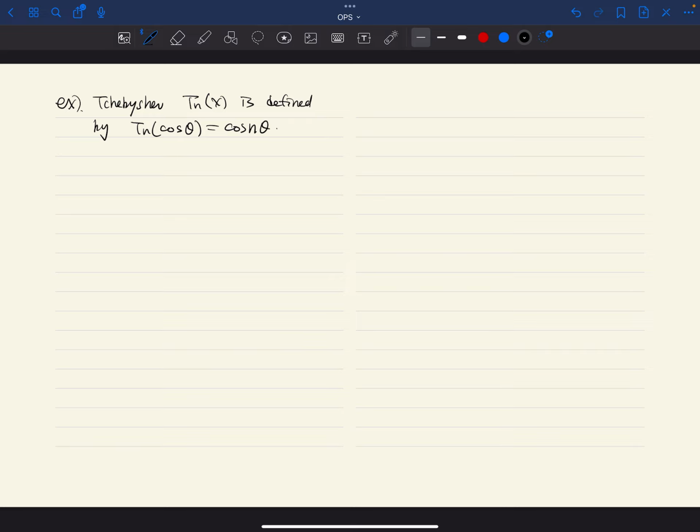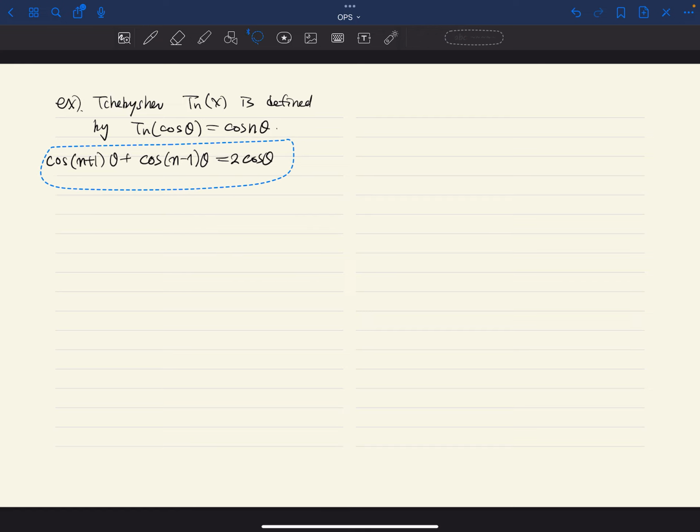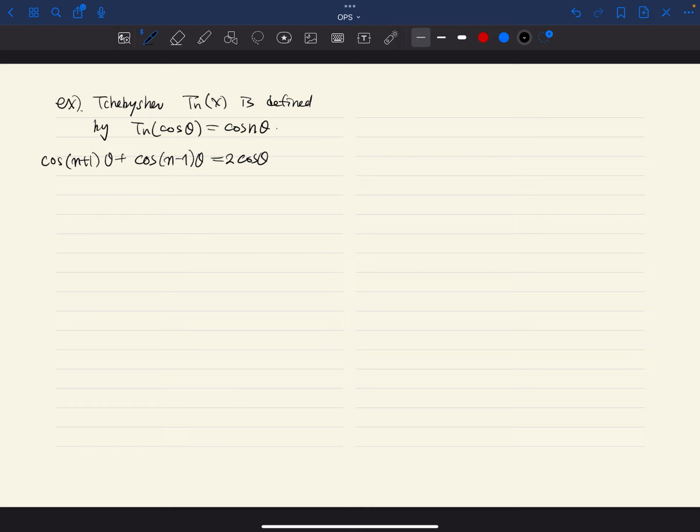How can we prove this? You can find the three-term recurrence easily because cosine functions satisfy this nice relation: cosine((n+1)theta) plus cosine((n-1)theta) equals 2 cosine theta cosine n theta, but n must be greater than or equal to 1. If n equals 0, this is not true.